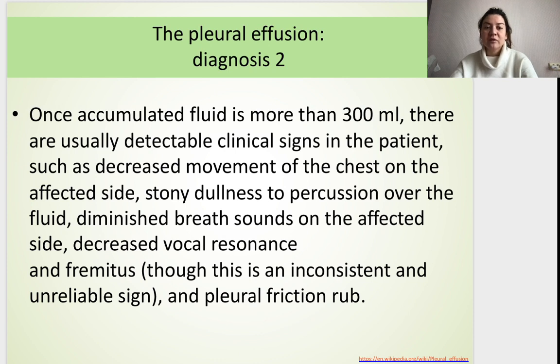Once accumulated fluid is more than 300 milliliters, there are usually detectable clinical signs in the patient, such as decreased movement of the chest on the affected side, stony dullness to percussion over the fluid, diminished breath sounds on the affected side, decreased vocal resonance and fremitus, though this is an inconsistent and unreliable sign, and pleural friction rub.